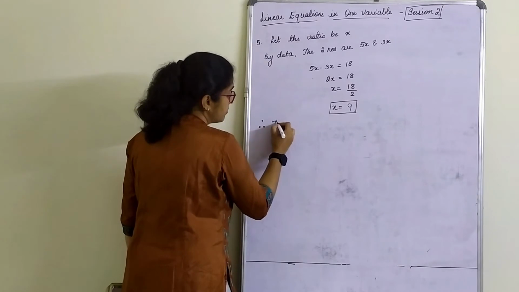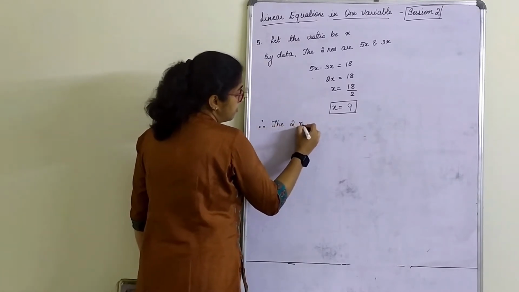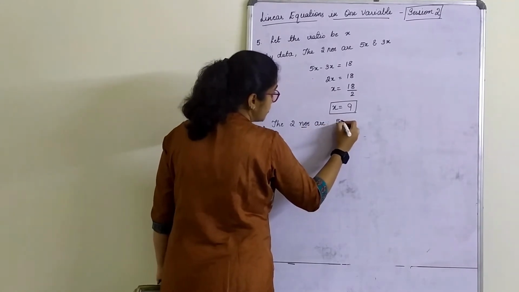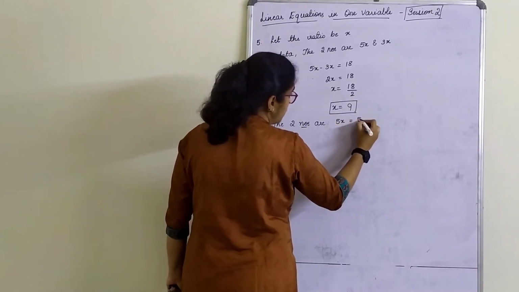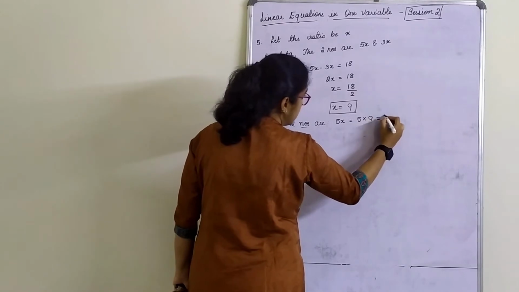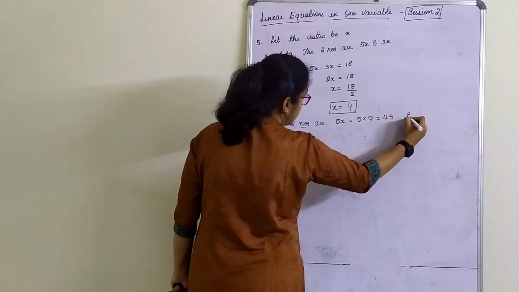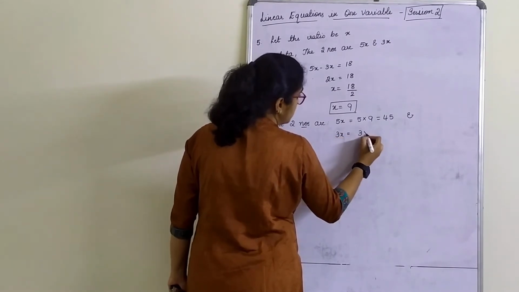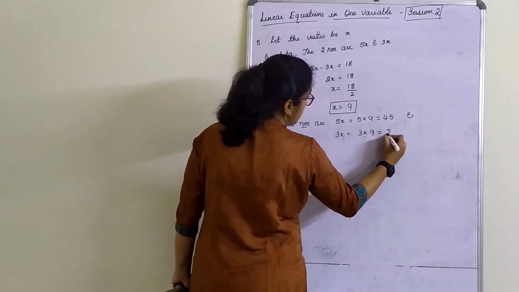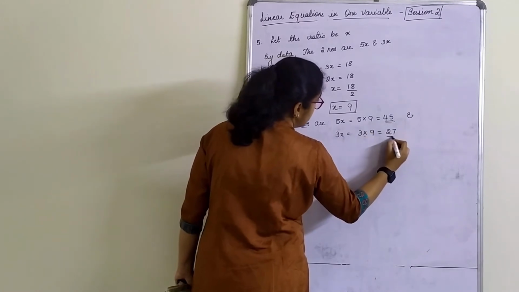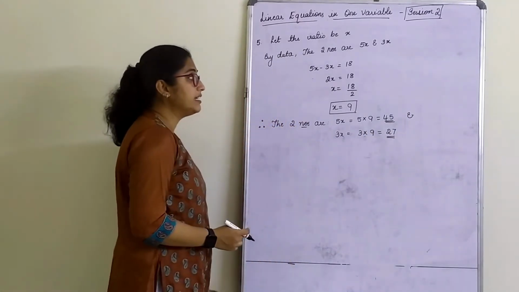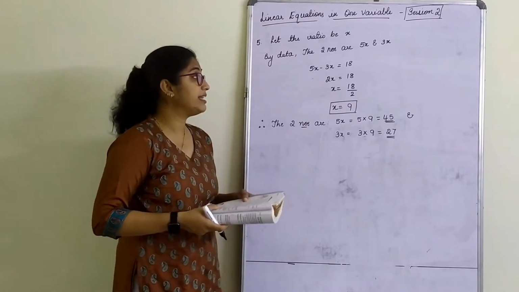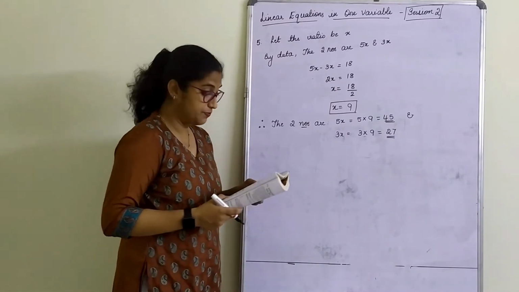Therefore, the two numbers are 5x, that is equal to 5 into 9 is equal to 45, and 3x, that is equal to 3 into 9 is equal to 27. The two numbers are 45 and 27, right? You can even verify: 45 minus 27, you will get 18 only there.